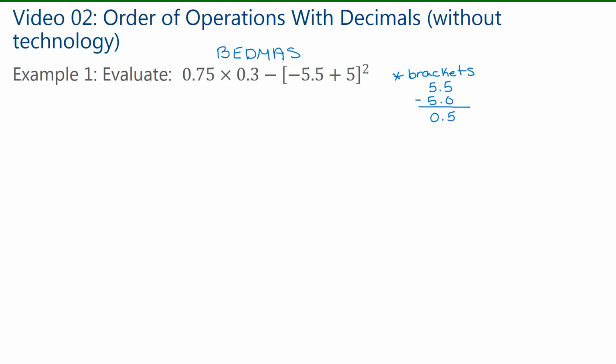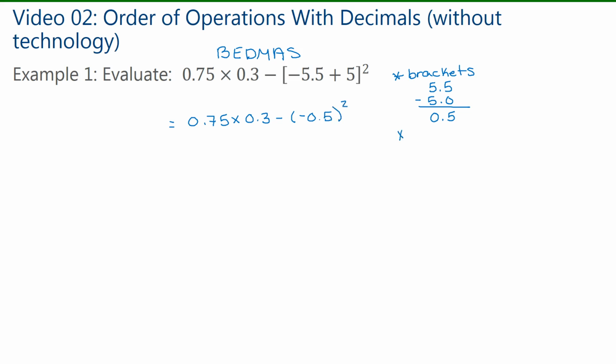Now we need to determine if that's a positive 0.5 or a negative 0.5. So look to see if you have more positives or negatives. I have 5.5 negatives and 5 positives. So since I have more negatives, that gives me 0.75 times 0.3 minus, and then negative 0.5 squared.